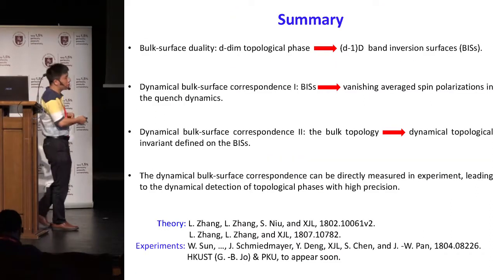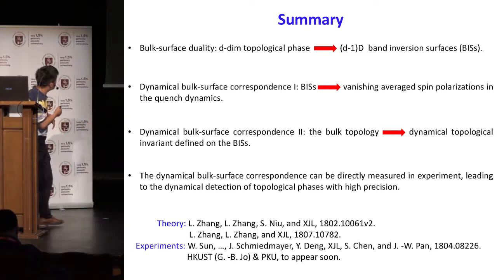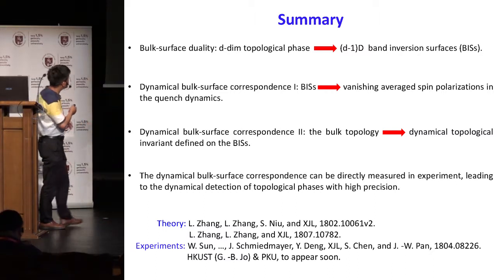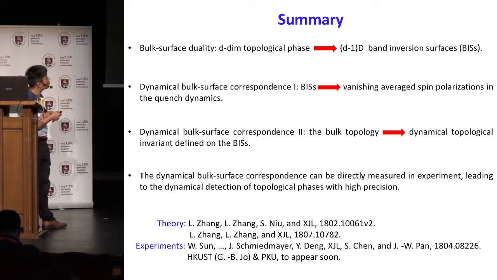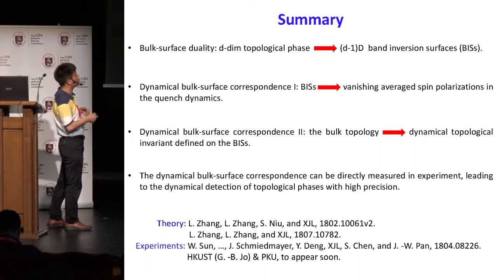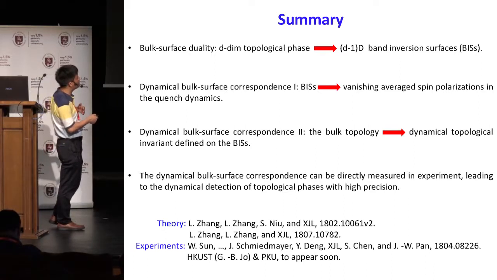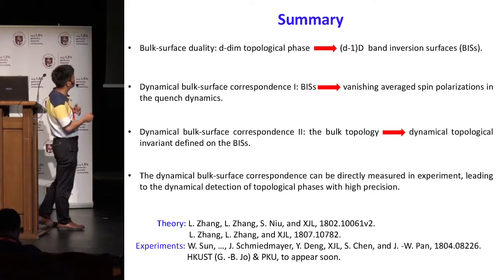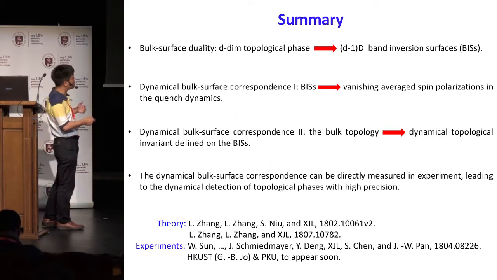Okay, so now let me go to the summary. Actually, we prove a bulk-surface duality, which means that the d-dimensional topological phase can be reduced to the (d-1)-dimensional band inversion surface. Furthermore, we can establish the dynamic bulk-surface correspondence. The band inversion surface can be characterized by the vanishing average spin polarization in the quench dynamics, and the bulk topology can be characterized by the dynamic topological invariant defined on the band inversion surface.